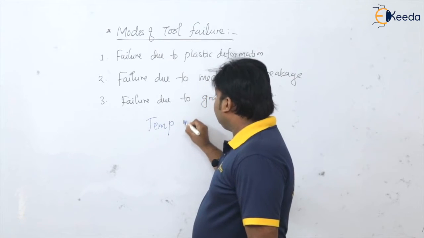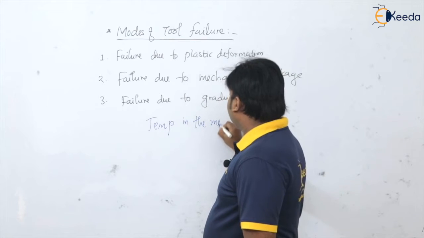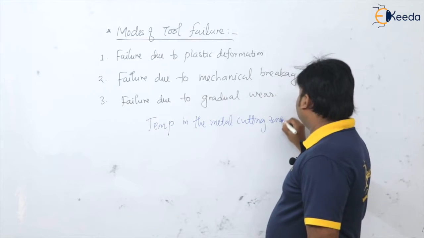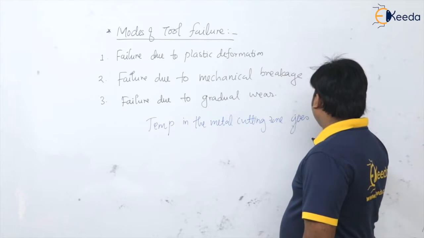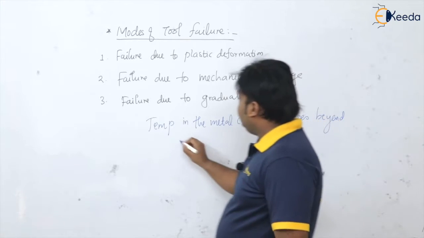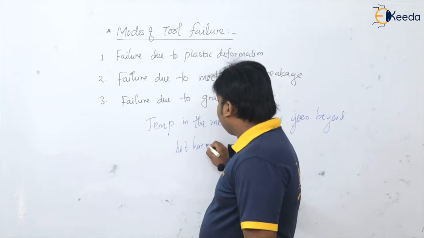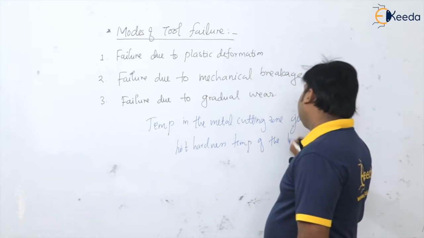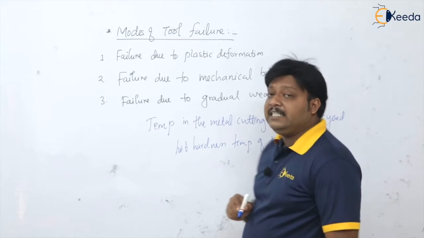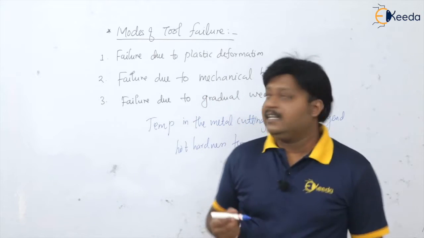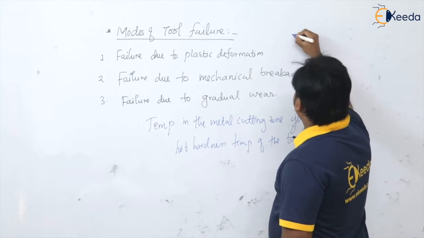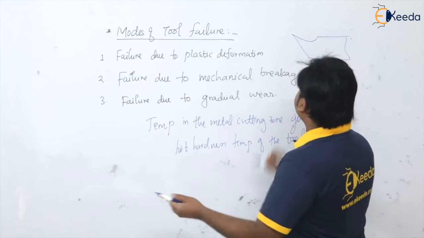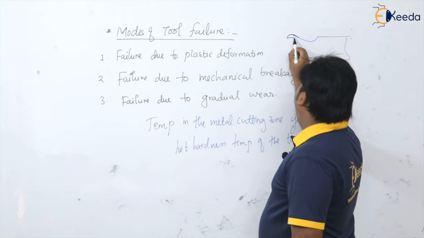So what I am saying is, when the temperature in the metal cutting zone goes beyond the hot hardness temperature of the tool, definitely the tool is going to lose its strength and hardness, and the tip of the tool will simply deform plastically and the tool failure will occur.